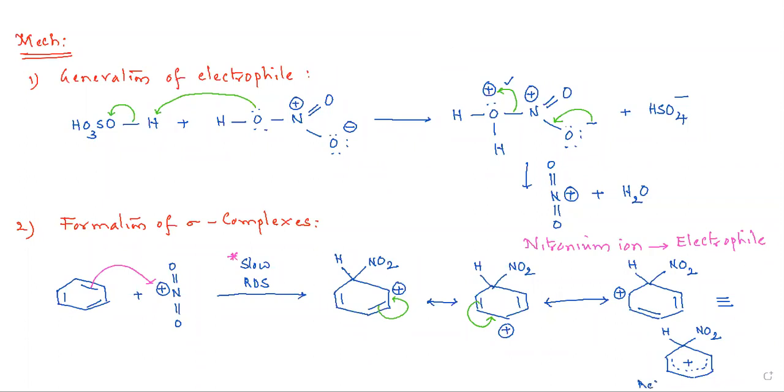So this is our resonance hybrid, a mix of all different possibilities. In fact, the resonance hybrid is the actual structure, right? Sigma complexes or arenium ions, right?